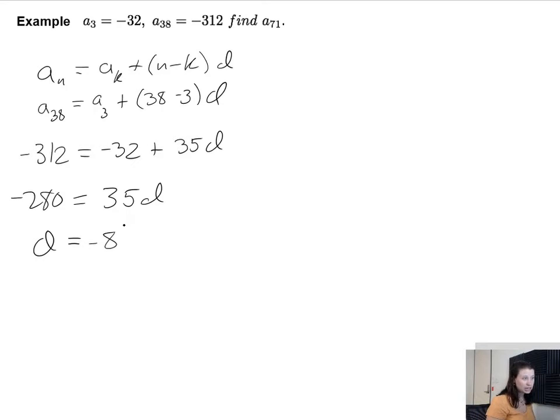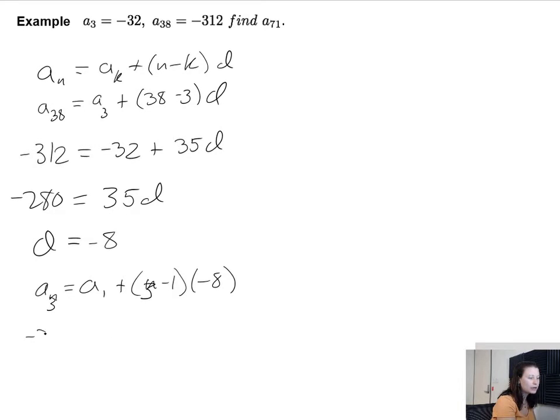Now we can find a1. So an is equal to a1 plus n minus 1 times d, where d is negative 8. Let's use an an that we know, a small one. Let's use a3.